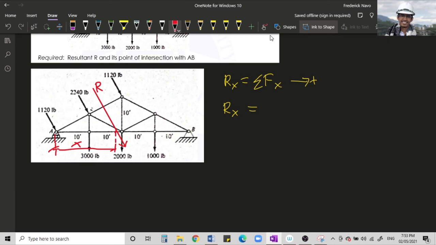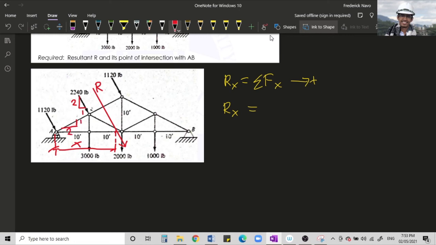Okay. So, naka-perpendicular yung ating force dun sa ating top chord. So, yung slope nito will be, so this will be 1 and this will be 2. Okay. So, parang yung slope kasi na ito is, so 10 feet yon, so 20 feet. So, we can reduce that as 1:2 na slope.